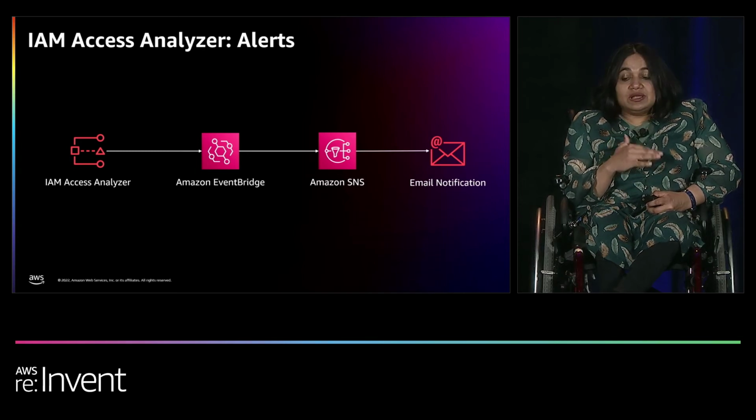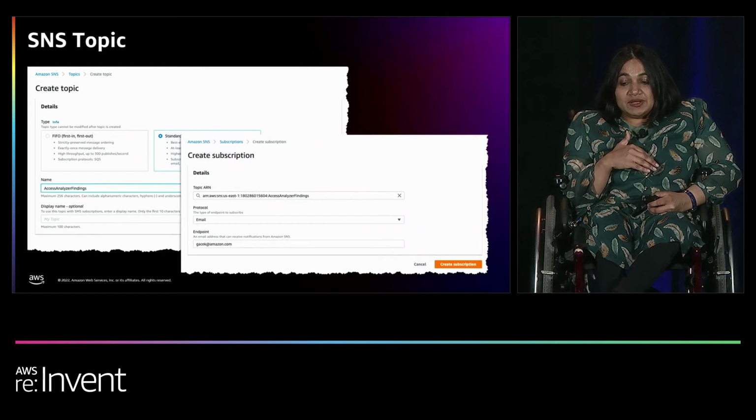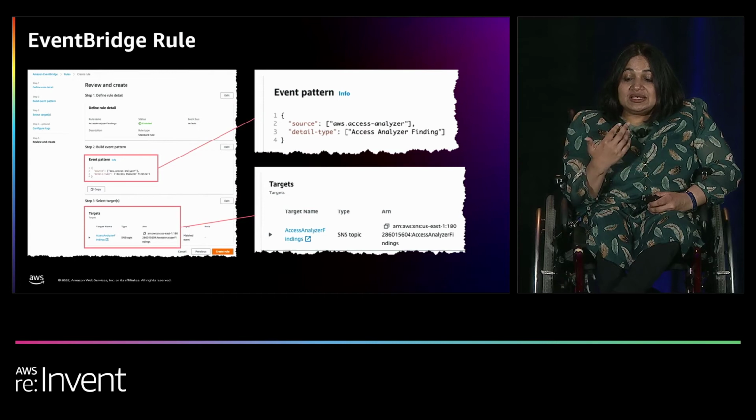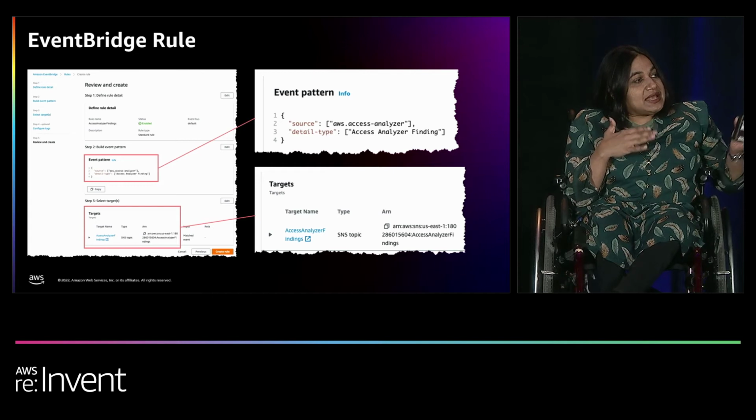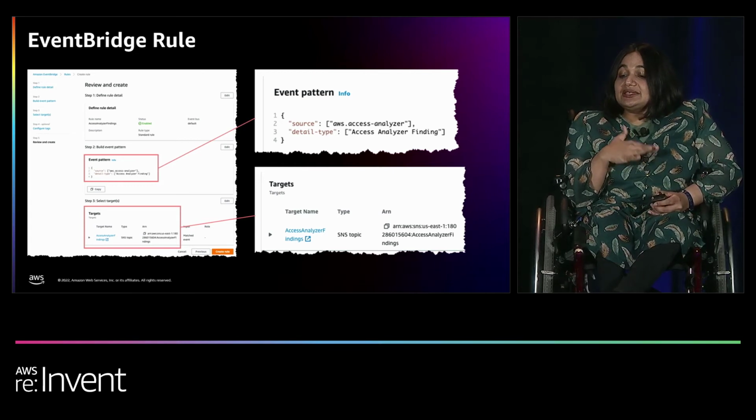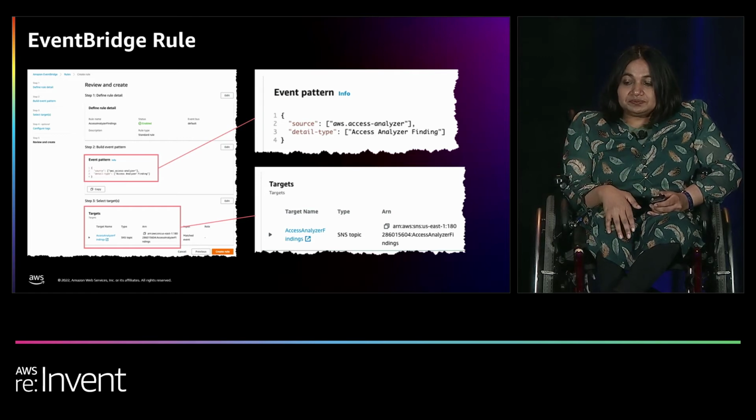Now, Access Analyzer already publishes findings to EventBridge, so you can just wire it up to SNS. Here, I'm going to set up an SNS topic to publish findings, and I'll subscribe to the topic. In fact, I'll subscribe one of my colleagues to this topic so they can be responsible for the new findings. The other step is to set up an EventBridge rule. Here, I create an EventBridge rule that matches Access Analyzer findings, and I'll set the target of the rule to be the SNS topic I just created. It is as easy as it looks.